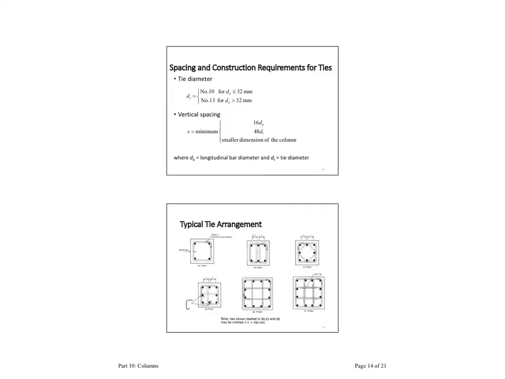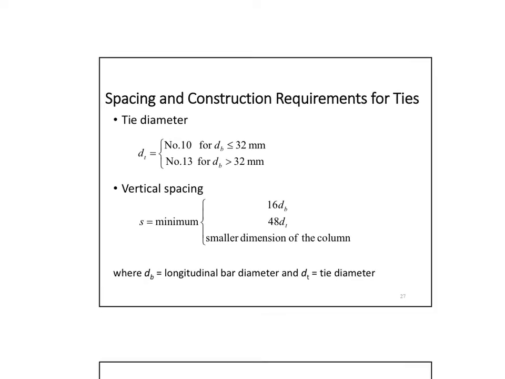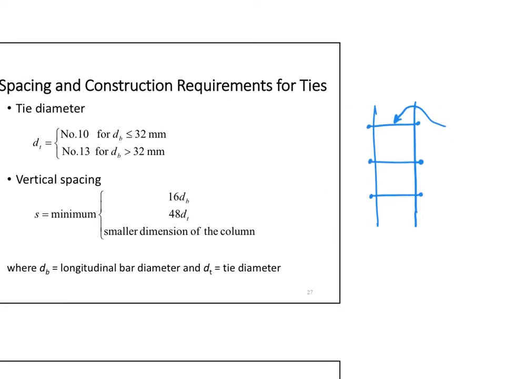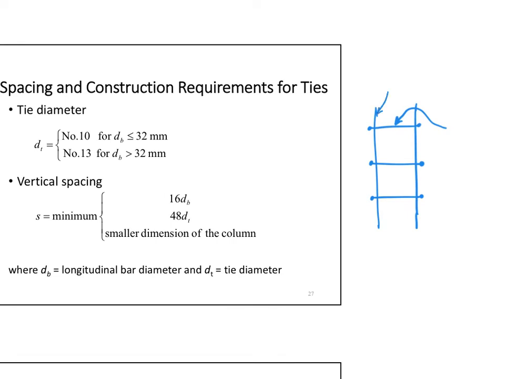The requirements for the ties are, now I have this as my longitudinal and those as my ties, right? And those here as my ties. The first requirement is, which phi do we use here? Look at the longitudinal bars first.